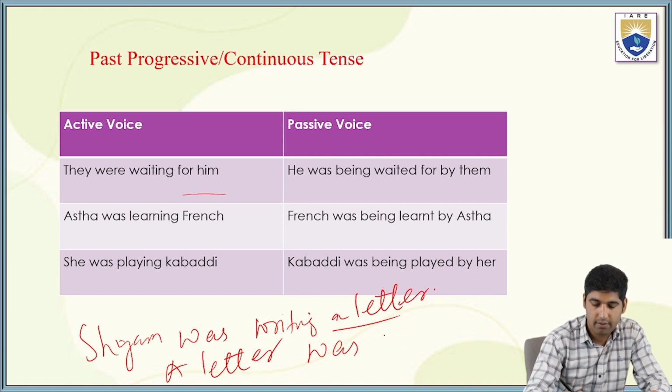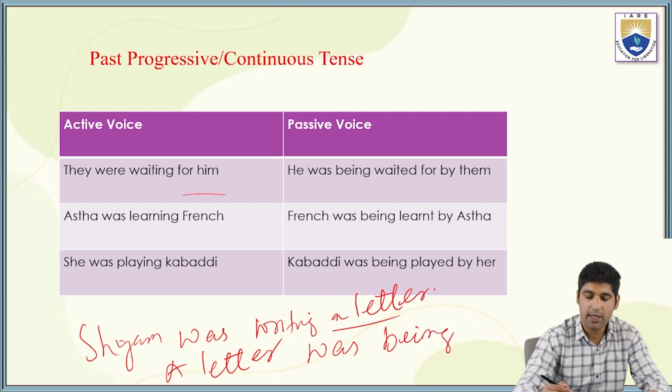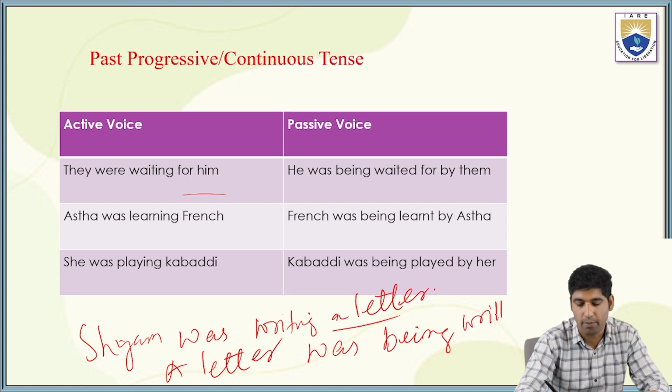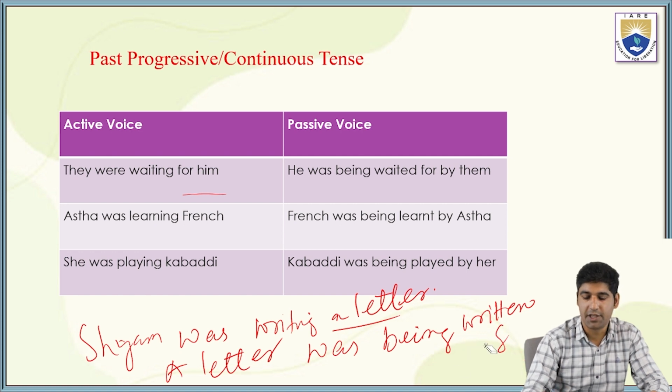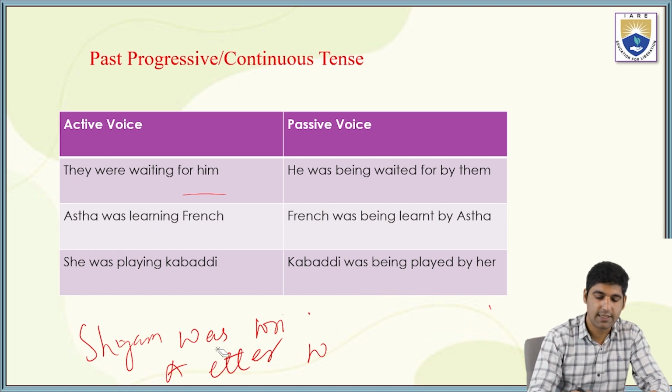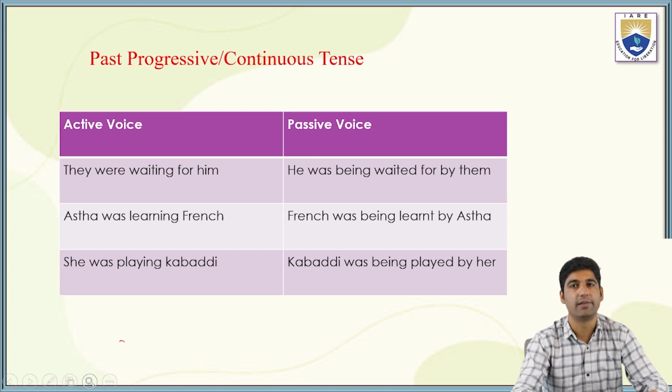Then being, because it is the form of be, the continuous of being. A letter was being, then the verb is third form, written by Shyam. So a letter was being written by Shyam. So this is how we convert past progressive or past continuous tense into passive voice.